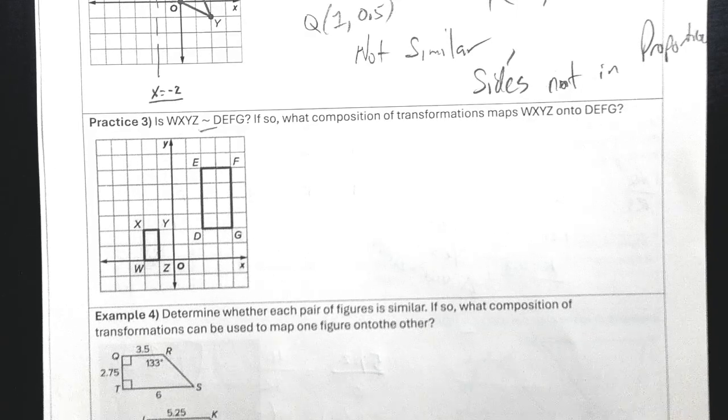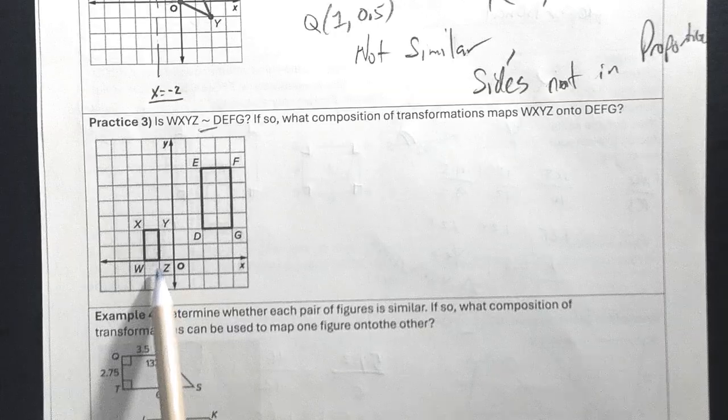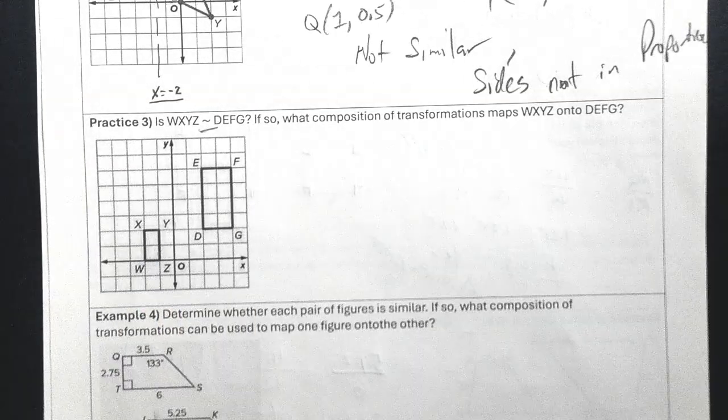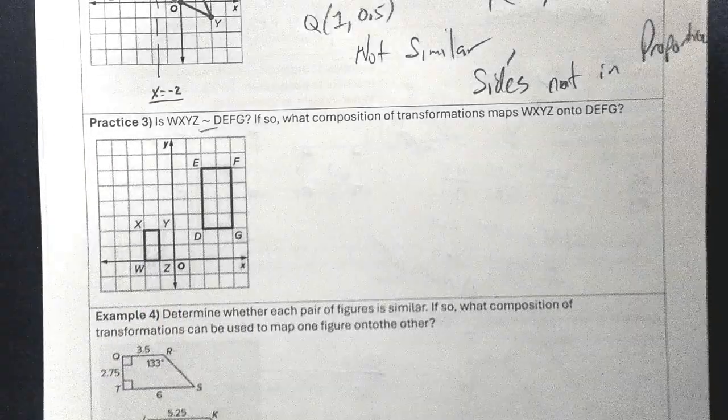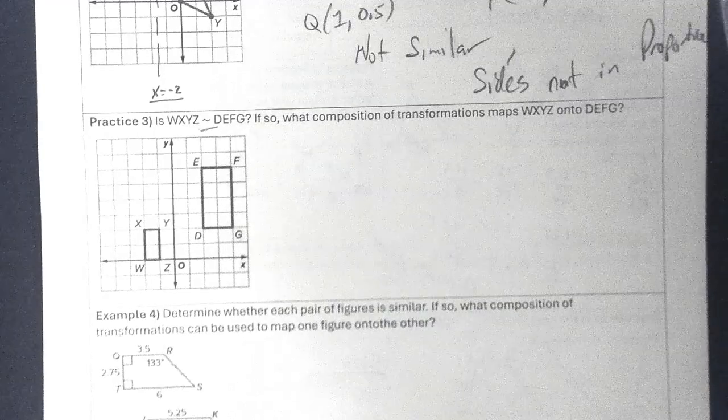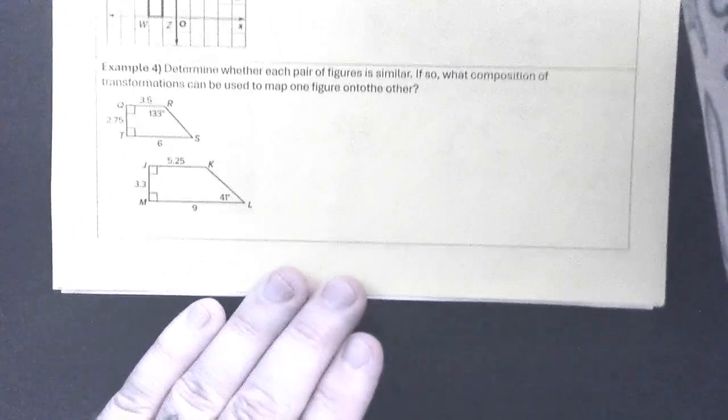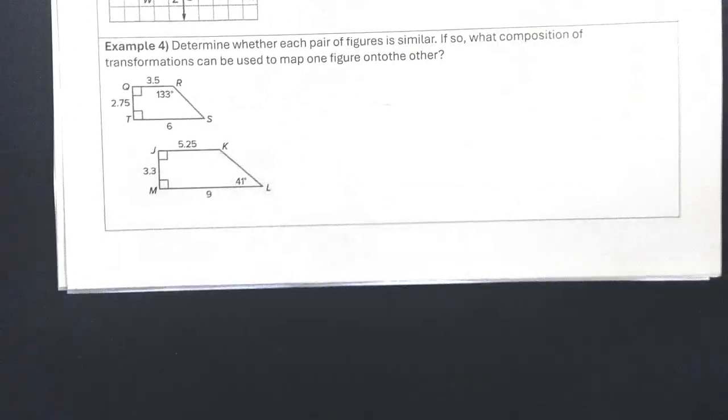So you can decide from there what the k factor is. It's not going to reflect or anything. That's your hint. It moves or translates, and then it dilates. So there's your hint for those of you that are listening and watching the video, not just taking the notes.